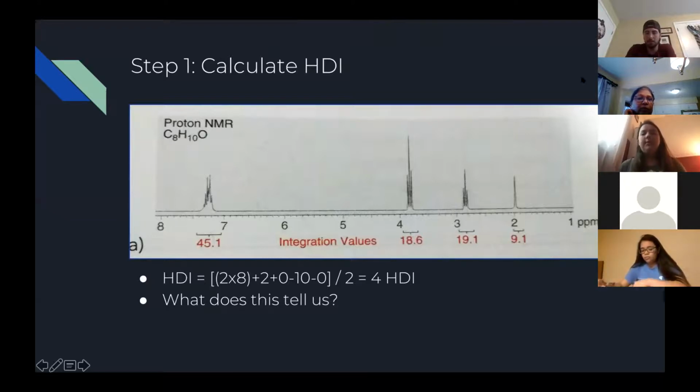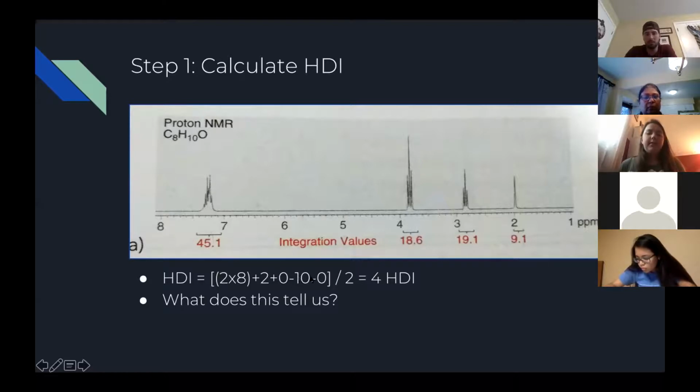First, you get this formula right here, and then you also have your NMR spectrum that has all the integration values. For the HDI, that's where we use that formula. It's 2 times the number of carbons plus 2 plus 0, I think that means there are no nitrogens, minus 10, minus 0. I can't remember what the last part is, but I can look up the formula. Can you put the formula up?